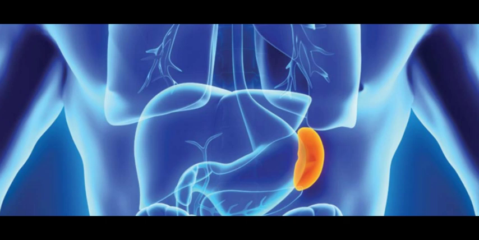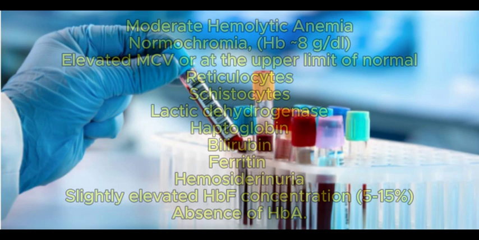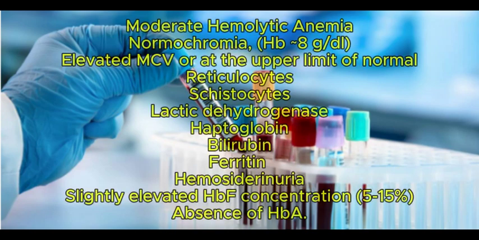You will also be able to see moderate hemolytic anemia, normochromia, with hemoglobin of about 8 grams per deciliter, elevated MCV or at the upper limit of normal.